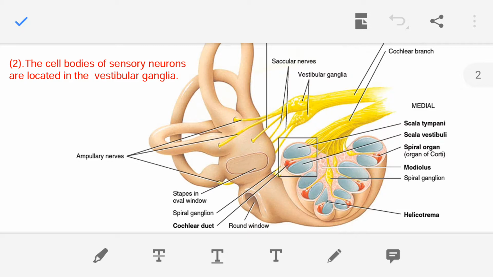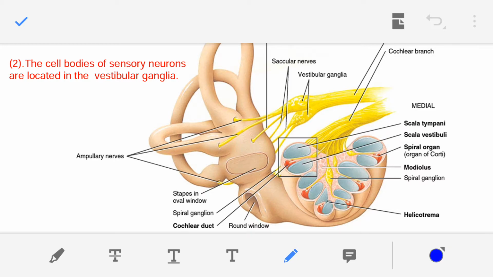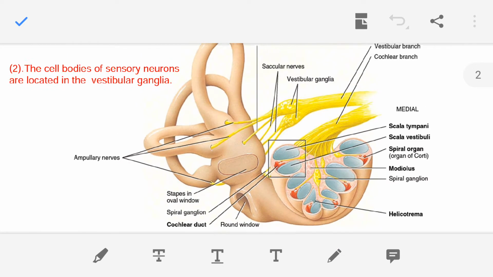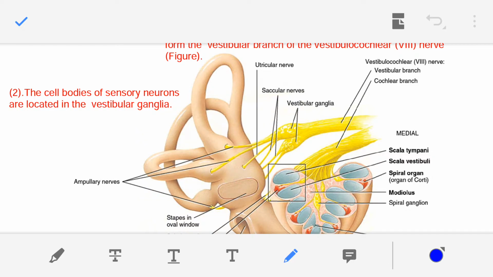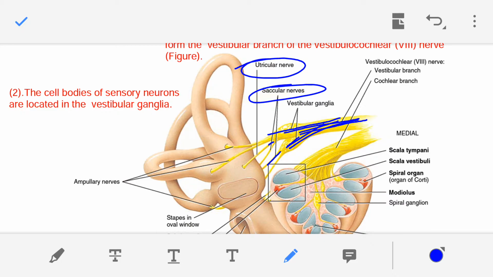This efferent and afferent neuron together form the nerves. For example, over here you can see the ampullar nerve, then the utricle nerve, and the saccular nerve, and all these nerve fibers merge together.